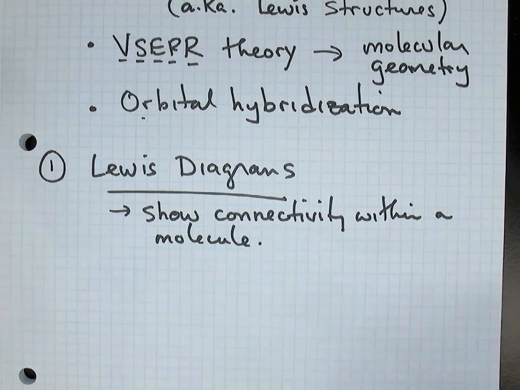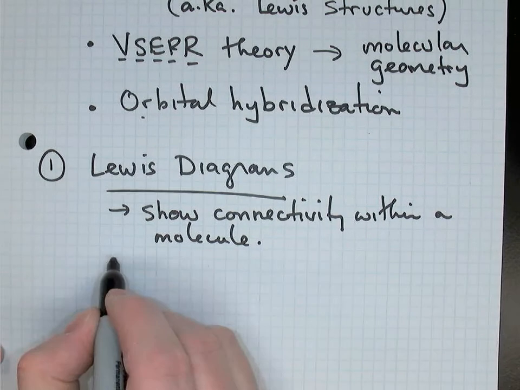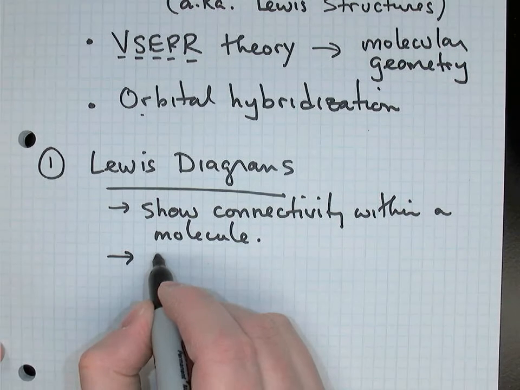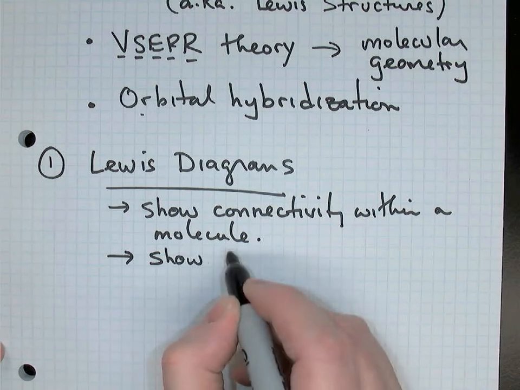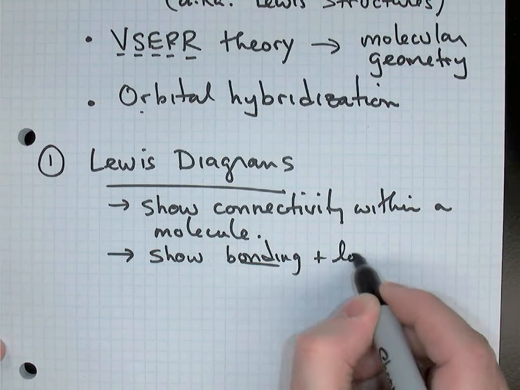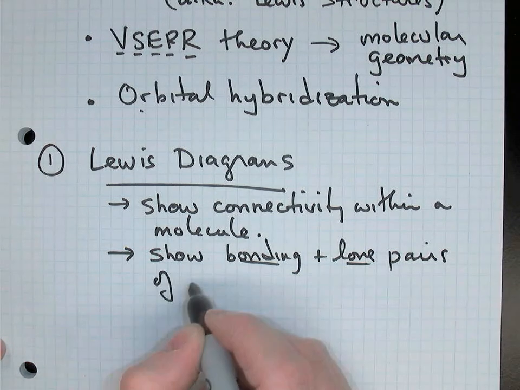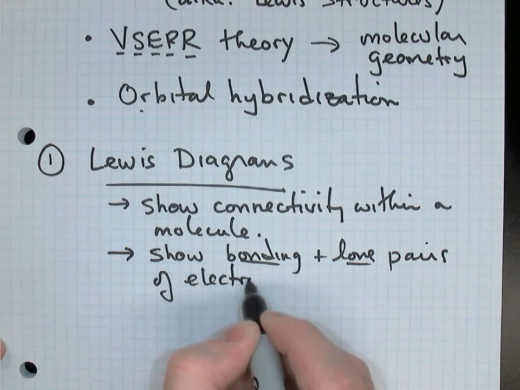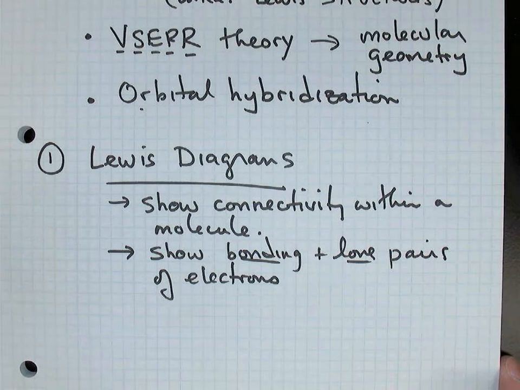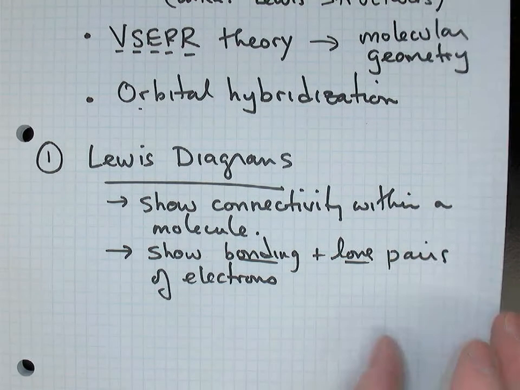By that I simply mean what atoms are connected to which other atoms in the molecule, and to show bonding and lone pairs of electrons. And we'll see what that means in just a minute. Specifically, the valence electrons within those molecules.